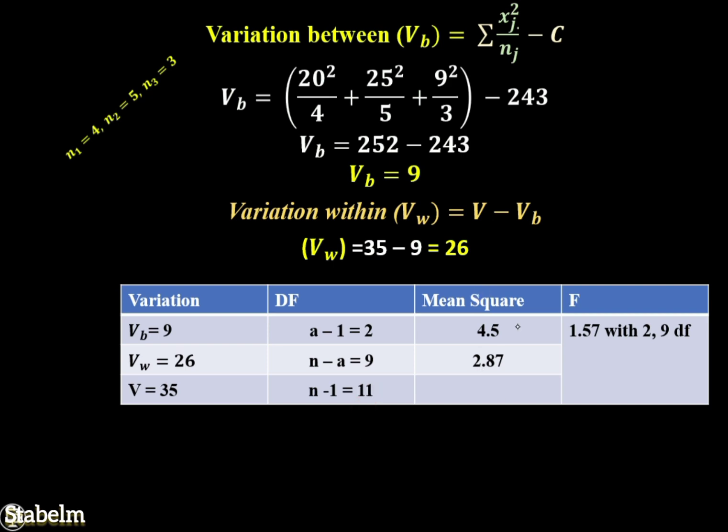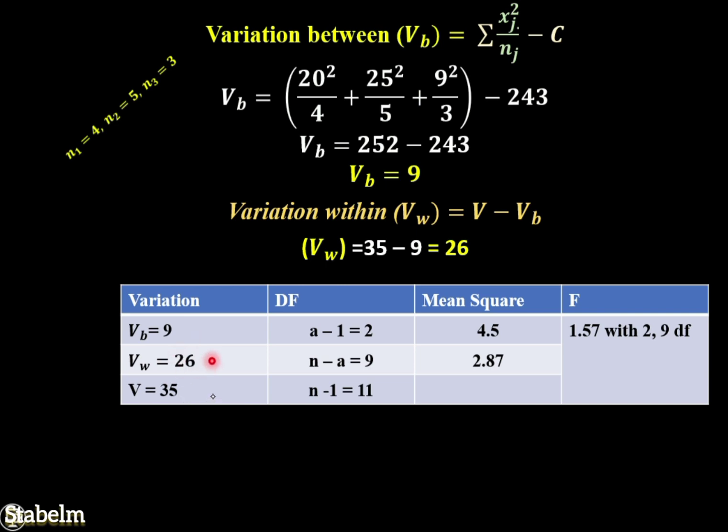Now the next column is the mean square. The mean square for variation between treatment is gotten, that is, we say sum of square for variation between treatments divided by the degree of freedom here. That is the sum of square here divided by the corresponding degree of freedom here. 9 divided by 2 gives us 4.5.